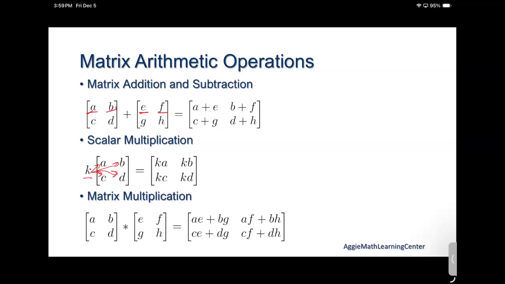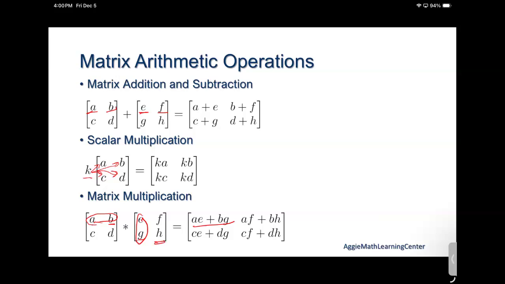And then with matrix multiplication, this one's a little weird, but you multiply this row by the first column. So you do A times E plus B times G. Then for this position, you multiply this row by this column.